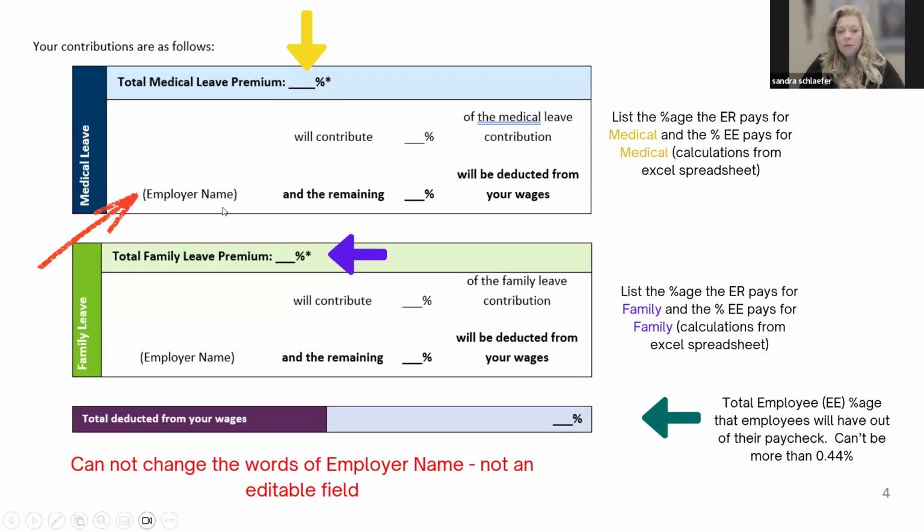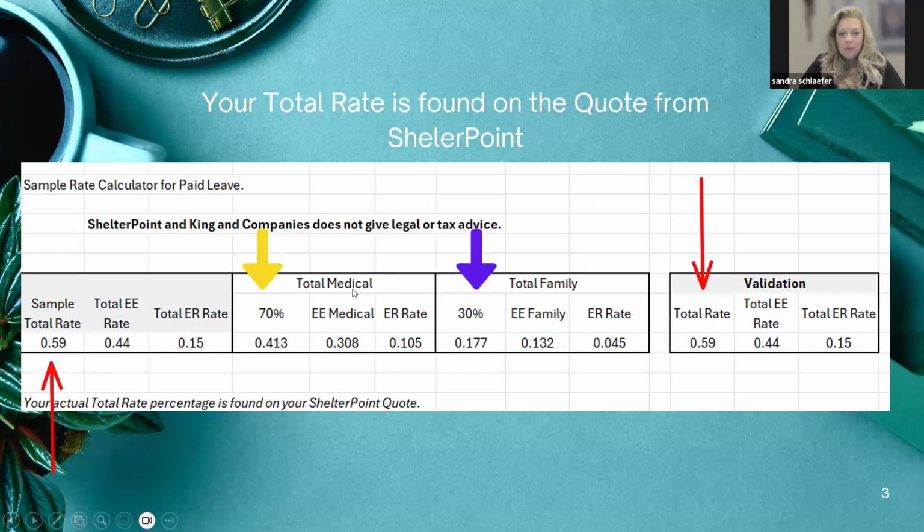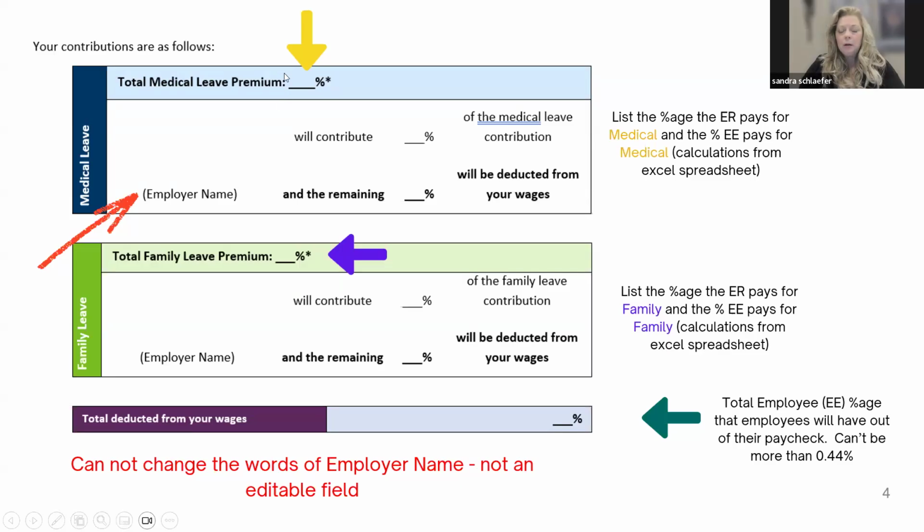So I'm going to go back and forth a little bit. And so the total medical leave premium is actually a percentage. So the total premium for this is 0.413, and that's the number you would be putting here. This is the employer section, how much the employer is contributing for the medical piece.